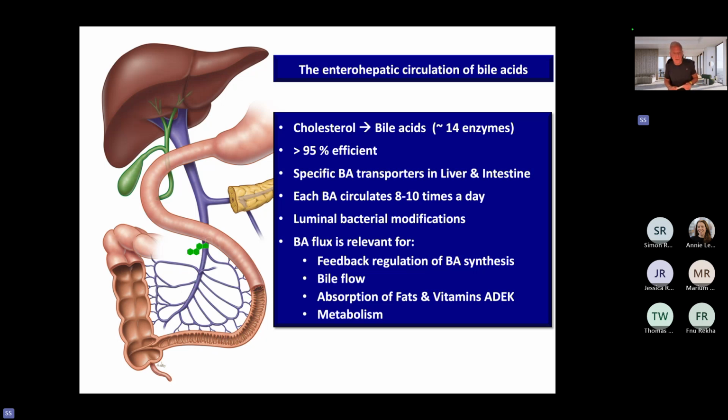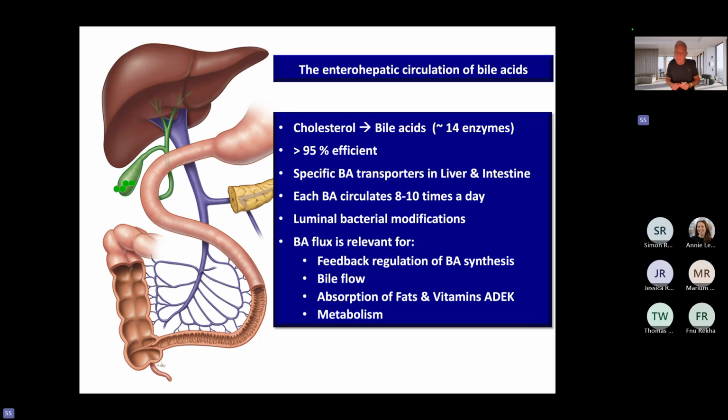The enterohepatic circulation is extremely efficient, so 95% of the bile salts that are excreted into the intestine will be reabsorbed in the terminal ileum. There are specific bile acid transporters both in the liver and the intestine, and each bile acid circulates 8 to 10 times per day. Virtually all of this enterohepatic circulation occurs in the hours following a meal.